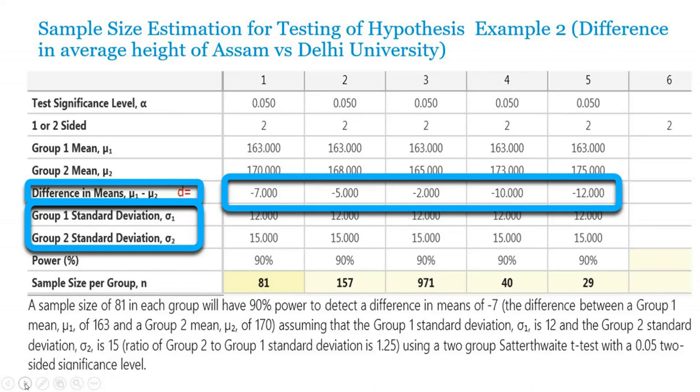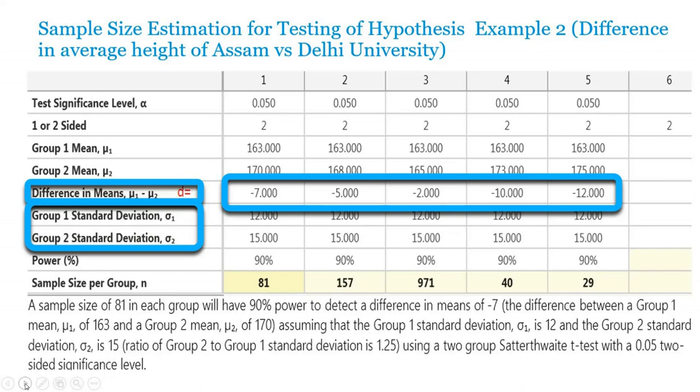So with 5 units, the rest of the thing being the same, the sample size increases. With 2 units, the sample size increases more. But if I make the allowable difference bigger, the sample size is less. So this is the relation between sample size and tolerance limit, allowable difference, and the variability.